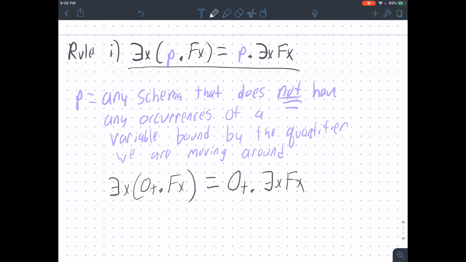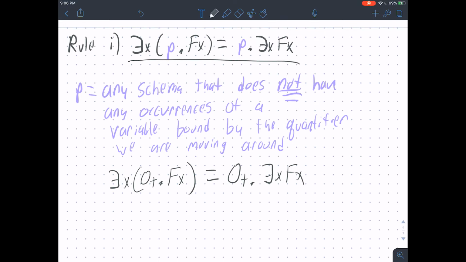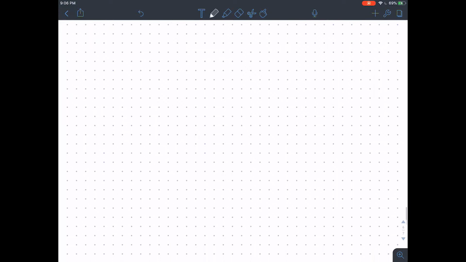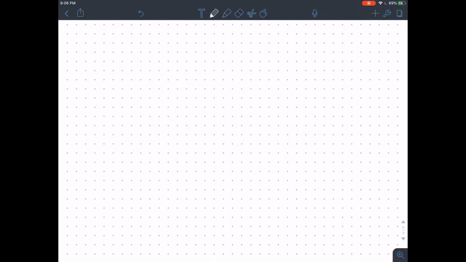Now, one kind of tricky thing is that P could have quantifiers and variables in it here. It just can't have the same quantifiers and variables, right? And actually, it's a good practice, and I don't think I'll ever give you anything that violates this, but we can't have two quantifiers with the same variable.